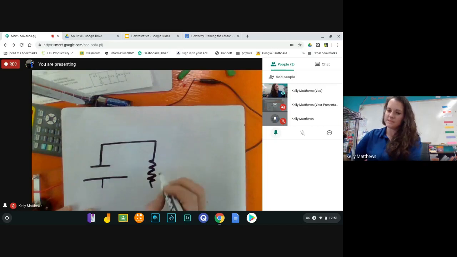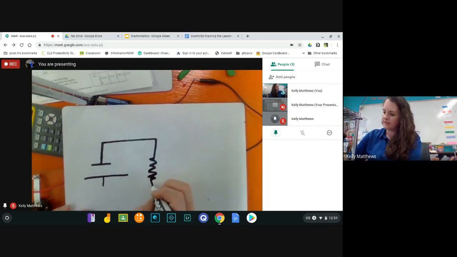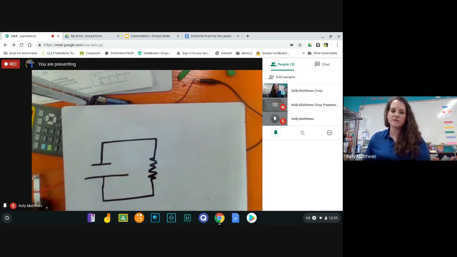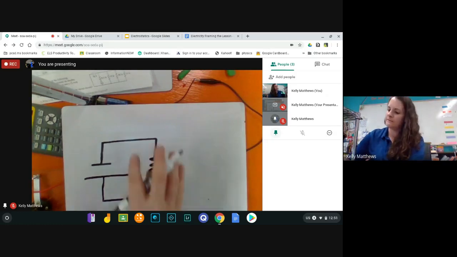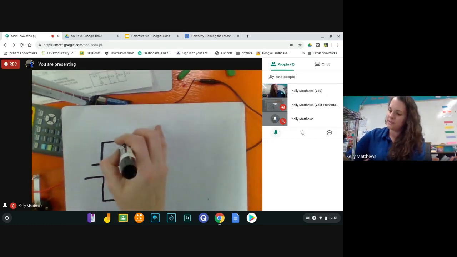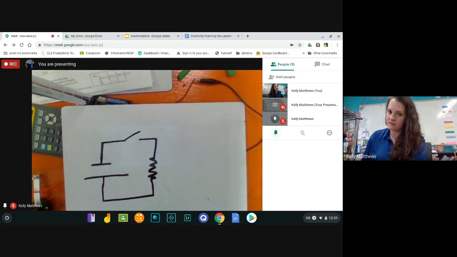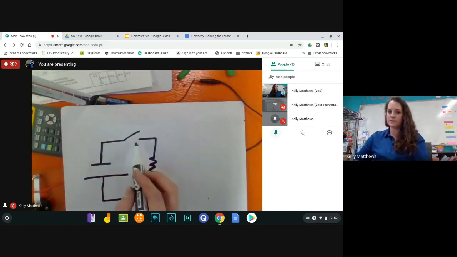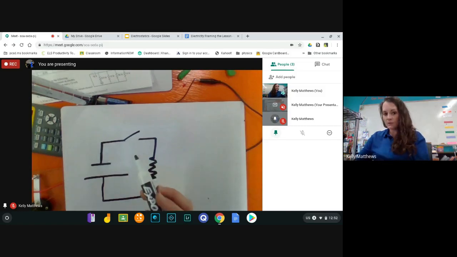This symbol means resistor. It can stand for a light bulb or anything else, and it shows that you have just the one path. If there's a switch, it could be represented like that. And so we can see that there's only one path to go. If the switch is open, then it's not going anywhere.